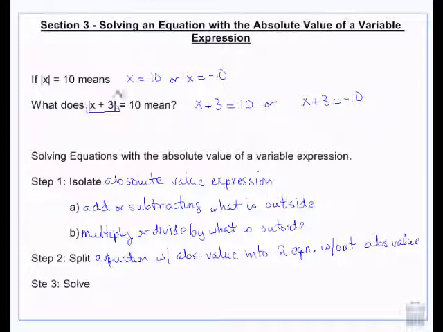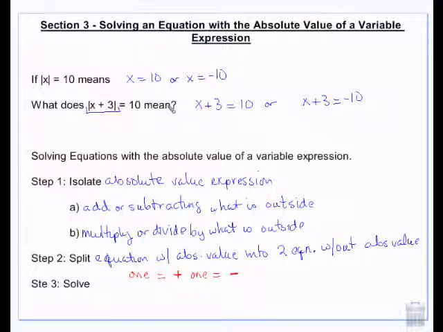So we take that one equation that has absolute value and we turn it into two equations that don't. One equal to a positive, one equal to a negative. Okay, right? So I have a positive and a negative. And then we solve it.